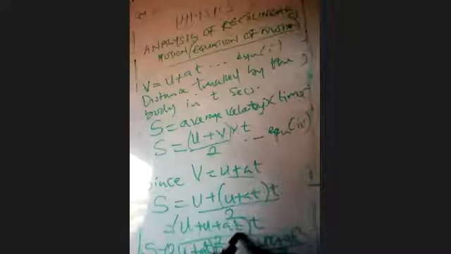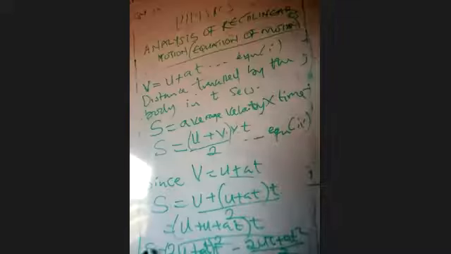So we know how we have U plus a t, so over 2 times T. Then our distance will be equal to U plus U, 2U plus a t, times T all over 2.